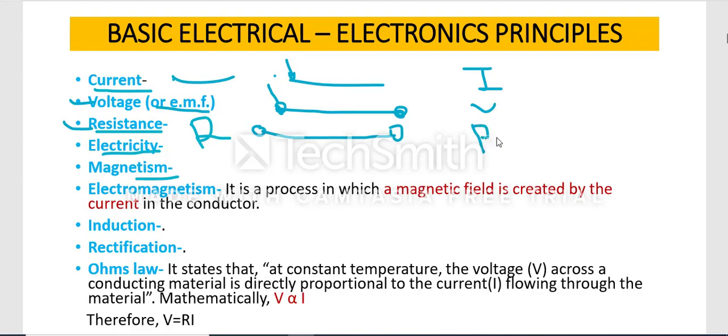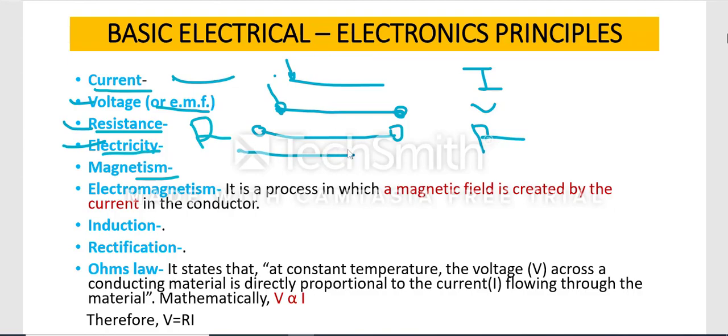The next point is electricity. What is meant by electricity? Electricity is one form of energy, or we can say it is the movement of electrons from one point to another point. When we supply the electricity, there is movement of electrons from one point to another point.